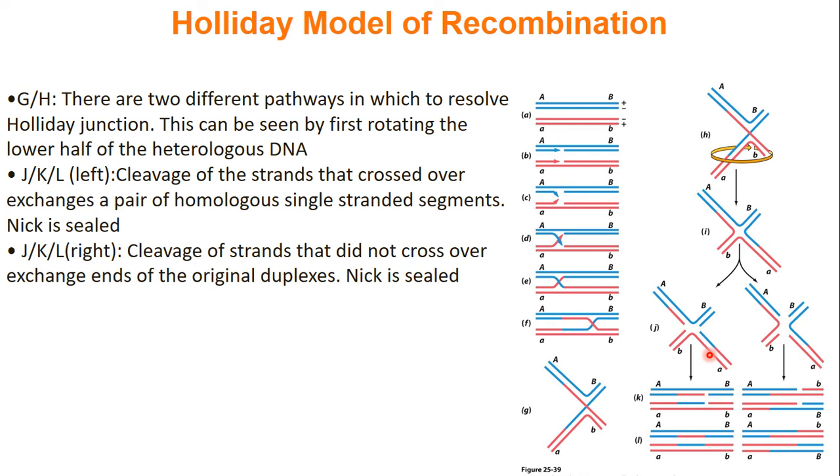Let's handle the left case first. We cut the strands that crossed over, and the way that you're going to seal this is, if you follow my cursor, we're going to reseal it by going on the red and taking a left turn. If I'm moving down this way, I'm taking a left turn.